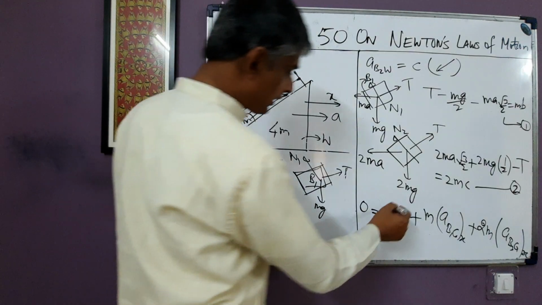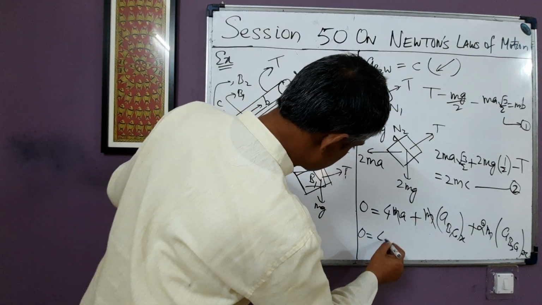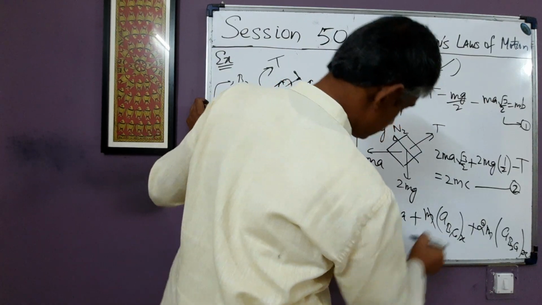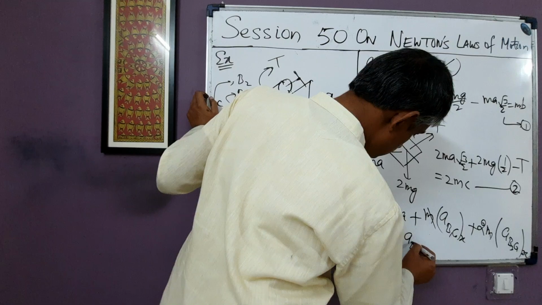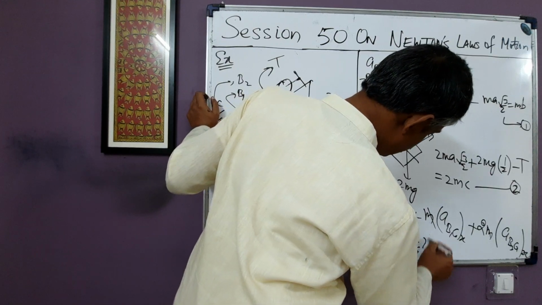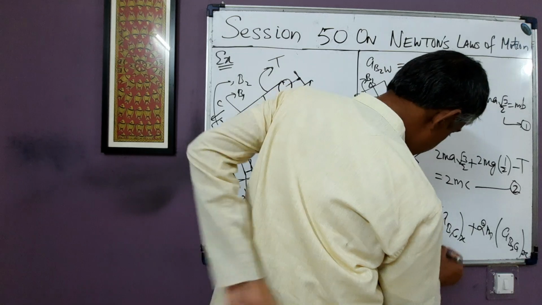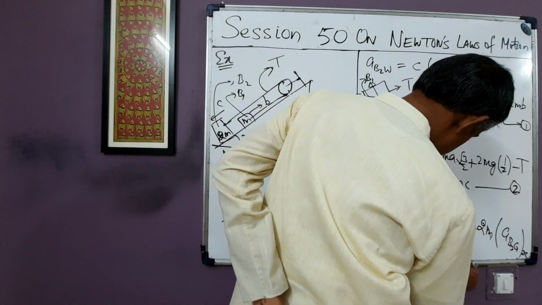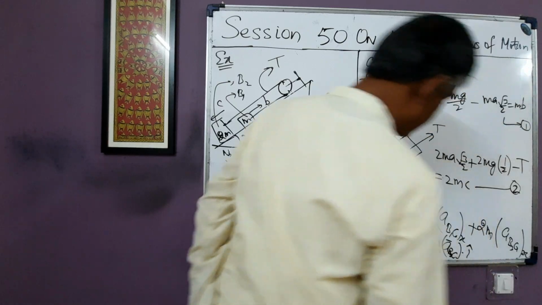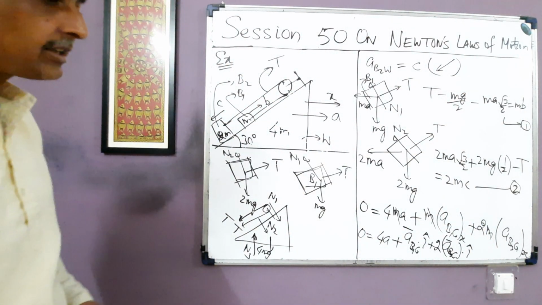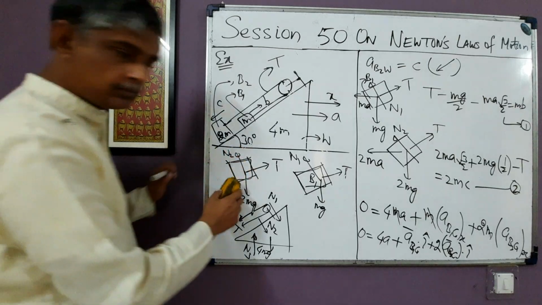Okay. Now m will go away. You can see. So we get 0 is equal to 4a plus a B1g x component, that will be written as a B1g dot i hat, where i hat is a unit vector along x axis, plus 2 times a B2g dot i hat. i hat is a unit vector along x axis. Alright, fine. Now rub this one.